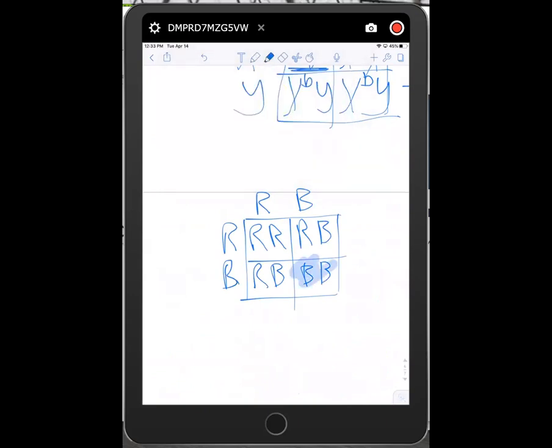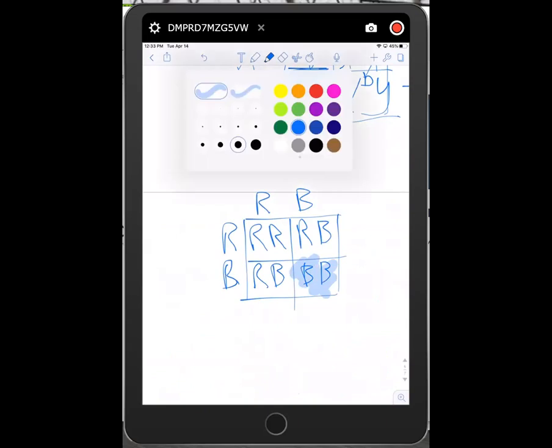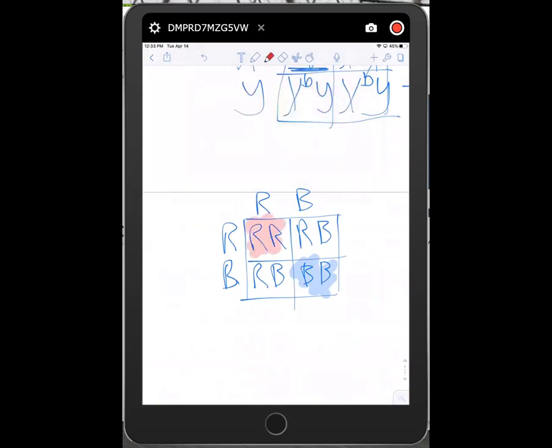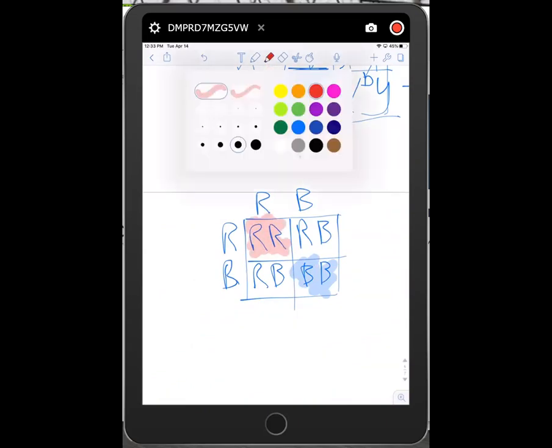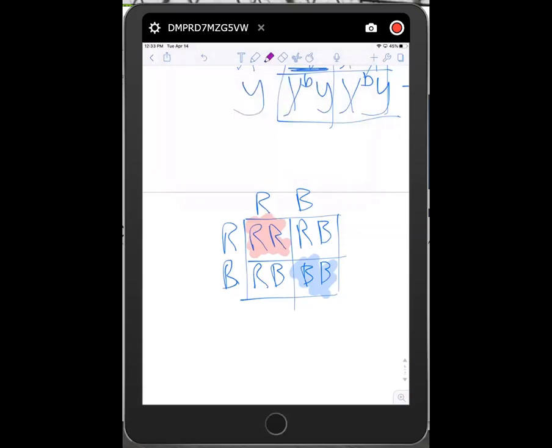Let's see, blue, red. Oh, we got blue and red. How about purple? Yeah, we got some purple too. Okay, so look at this. Did we get more purples than the other colors? Yes. Did we get about equal amounts, red and blue? Yes. Okay, I think we're onto something here. Red and blue are both dominant, okay? And if we have an allele for both of them, then it's going to be purple.